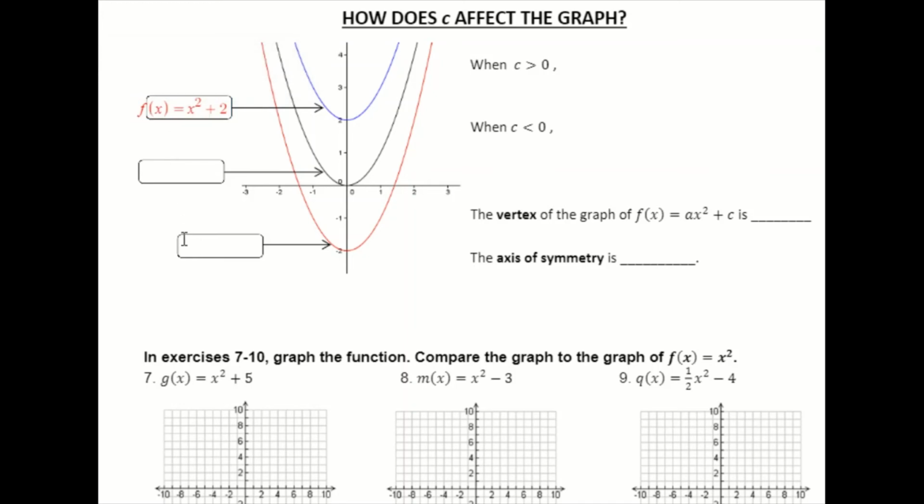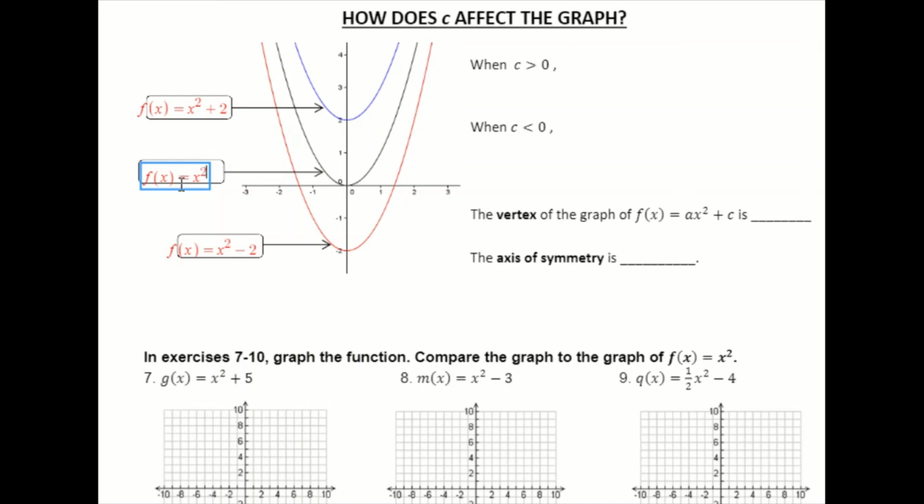The red one has been shifted down 2 units, so it would be f of x equals x squared minus 2. The black one is just the parent function, so we're just going to say f of x equals x squared.